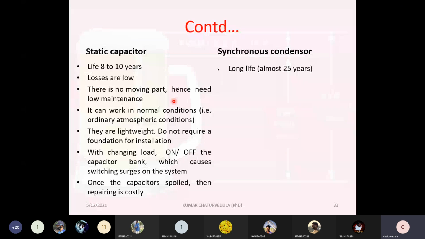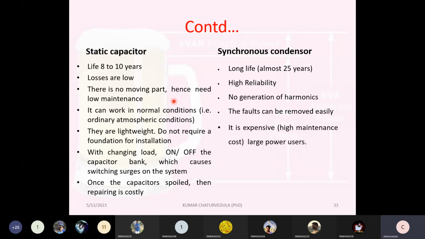As I already told you, the life of a synchronous condenser is almost 25 years. They are highly reliable, with no generation of harmonics, and faults can be removed easily. But it is expensive, with high maintenance cost, so only large power users can afford synchronous condensers. The synchronous motor also has no self-starting torque, which is one more drawback.